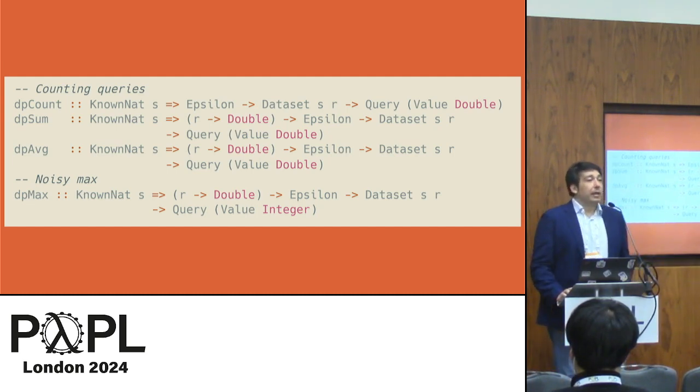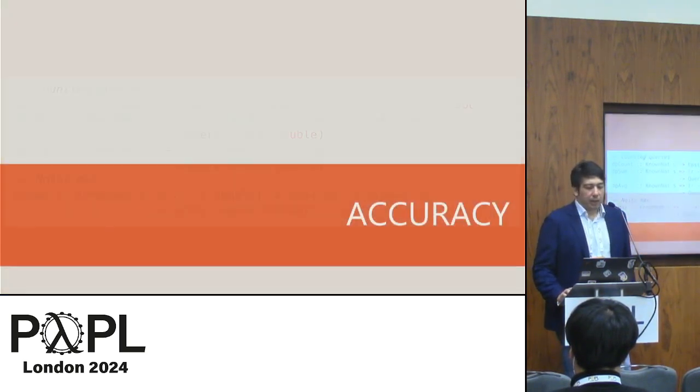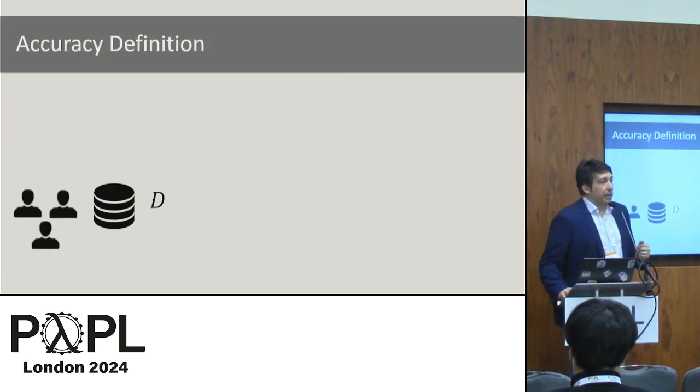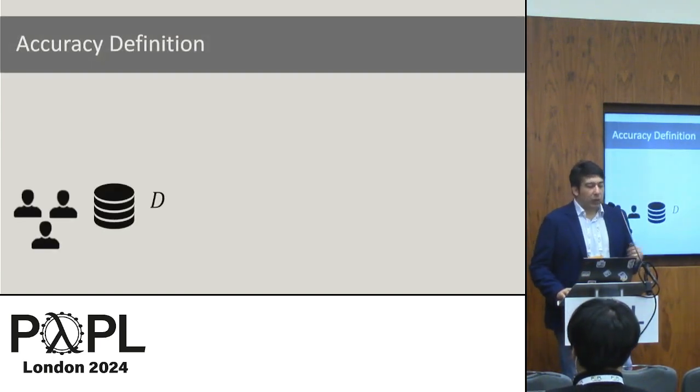All right. So let me talk about the accuracy. How accurate are our results, and how can we reason about that? This is something that usually lacks in differentially private tools, but in DPella we decided to embrace it from the beginning. Right? Accuracy is as important as privacy. Right. So we need to define accuracy. How do we do that? Well, we need to reason about the actual result of the query.